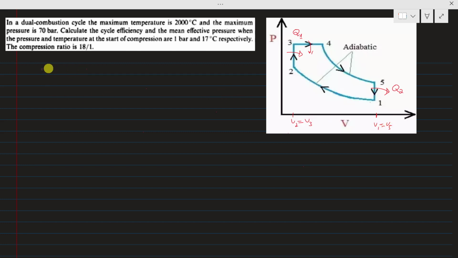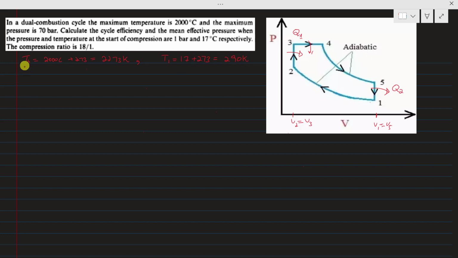Okay, let's come to the given data, and what type of data the statement provided. The maximum temperature, T4, is 2000 centigrade. Add 273 to convert that into Kelvin, and you will get 2273 Kelvin. The minimum temperature, T1, is 17 centigrade. Add 273 to convert into Kelvin, it will become 290 Kelvin.